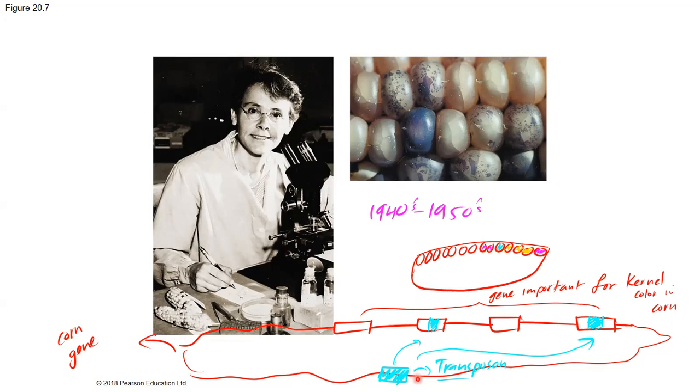But later on, more studies by other scientists confirmed the hypotheses suggested by Barbara. And that's why eventually in 1983, when she was 81, she was awarded the Nobel Prize for her discovery of transposable elements.